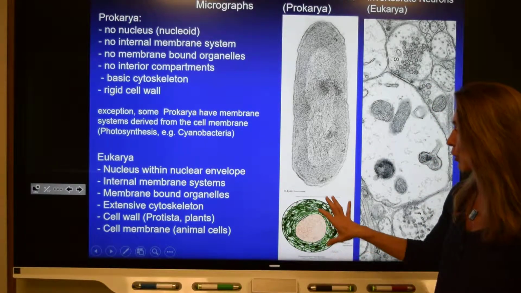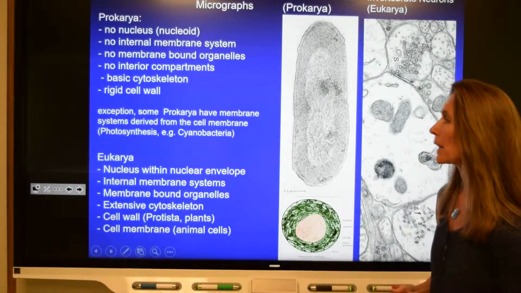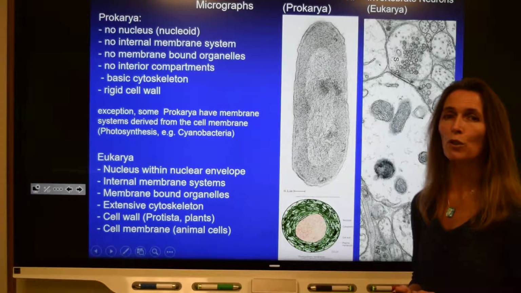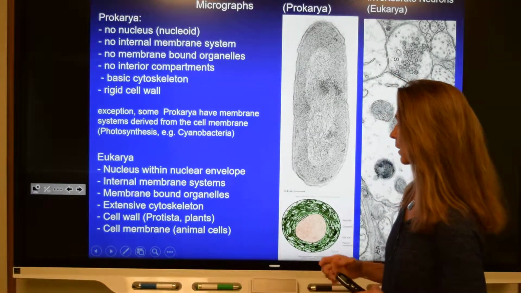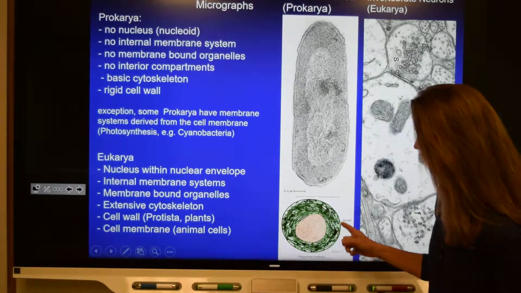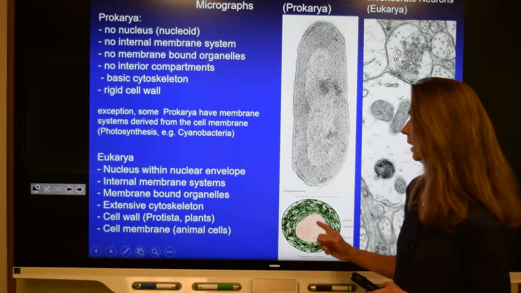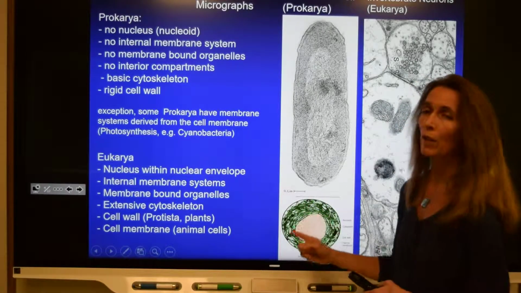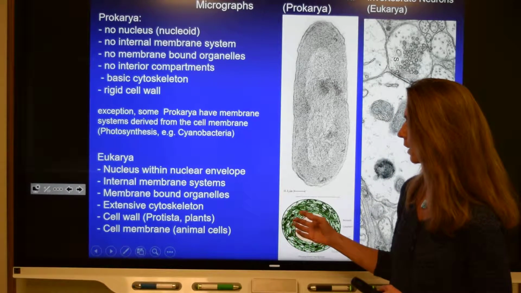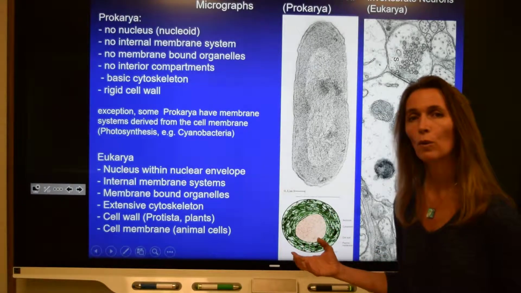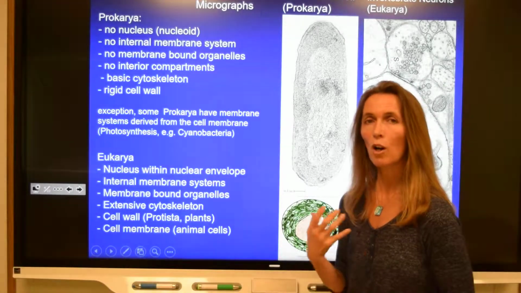In prokaryotic organisms, we don't have internal membrane systems, and as so often, there are exceptions, and these exceptions are actually very important bacteria. These are the cyanobacteria, which are believed to have contributed to the enrichment of our atmosphere with oxygen very early on. They are bacteria that have a very complex membrane structure inside of them, and within these membranes there are photosynthetic active molecules, and these bacteria perform photosynthesis, and a byproduct of this photosynthesis is oxygen.